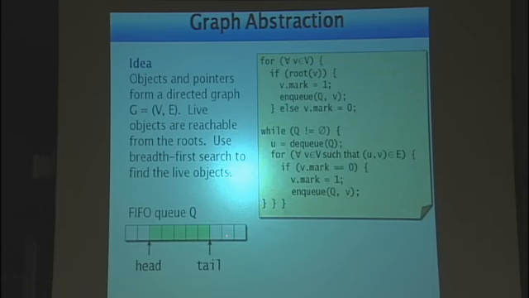So the way that this works is I basically go through all my objects, okay? And if they're a root, I put a mark on it. And I enqueue, this is pseudocode, by the way, so don't hold me to my C programming standard here, okay? And I mark it, and then I enqueue it on the Q, okay?